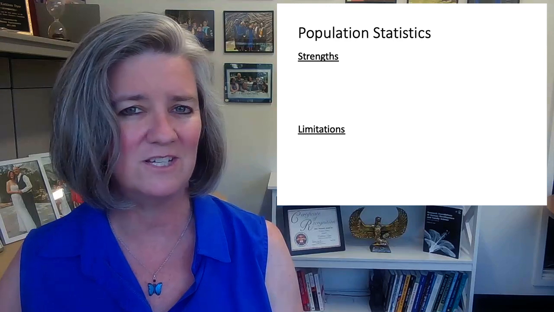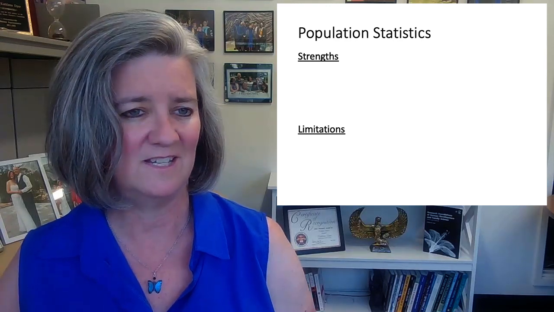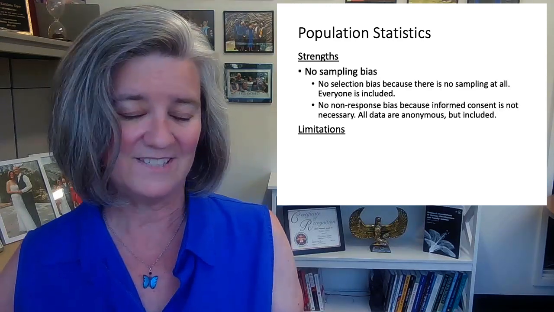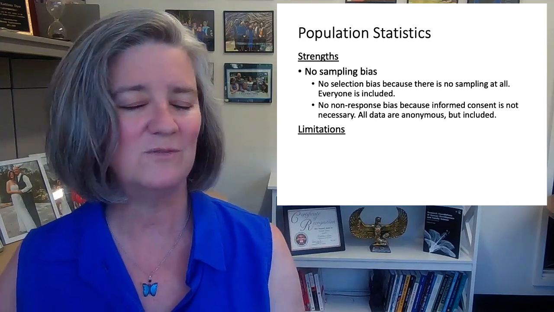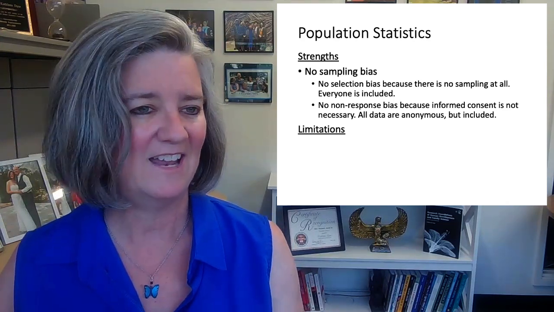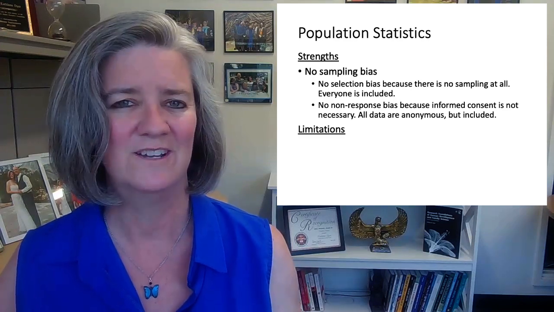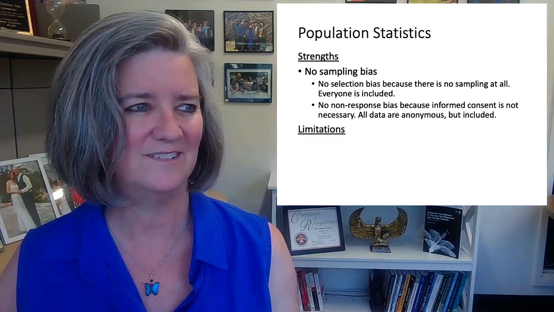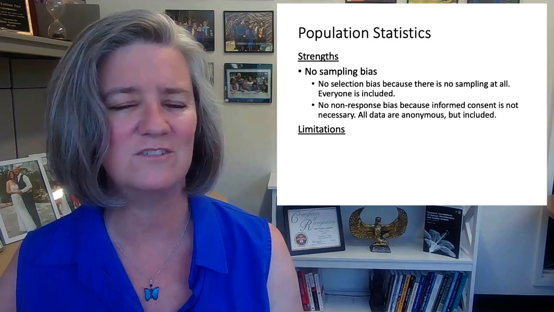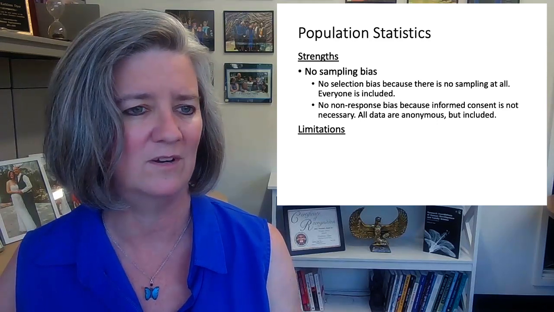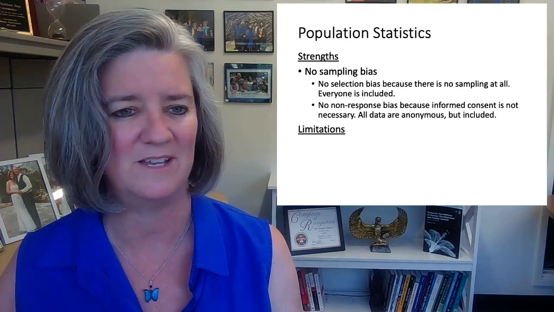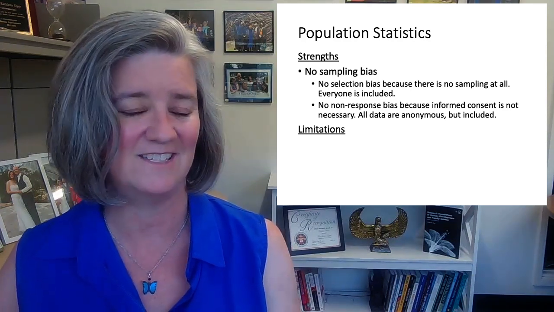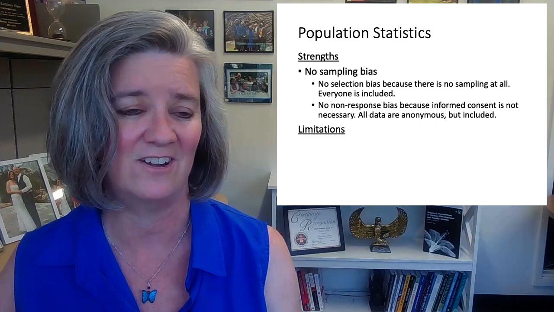Some advantages of population statistics: essentially, because there's no sampling bias. And this is a huge benefit to the quality of our knowledge. There's no sampling bias whatsoever. So there's no selection bias, and there's no non-response bias because informed consent's not necessary. Everybody's data is there.